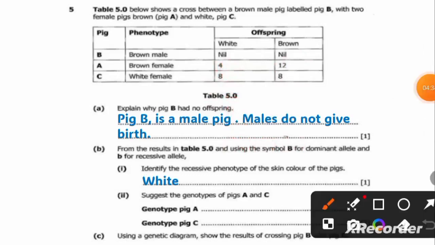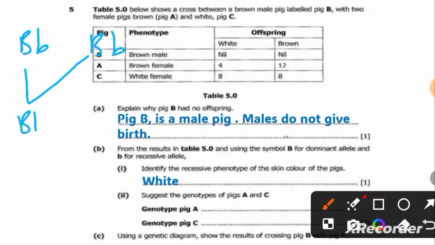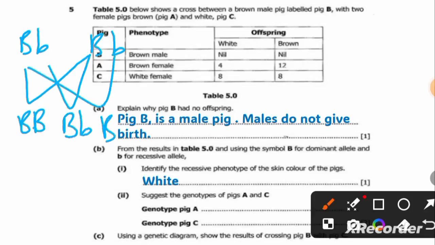To illustrate what we are talking about, let capital letter B represent brown and small letter b represent white. If we do crossings here, we are going to have brown, brown, brown, and white.